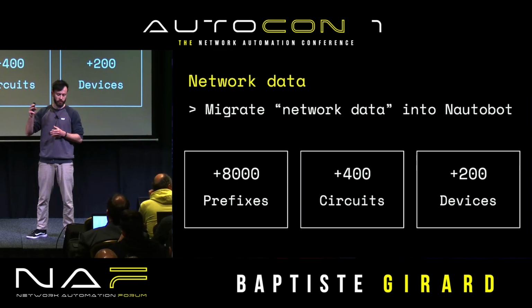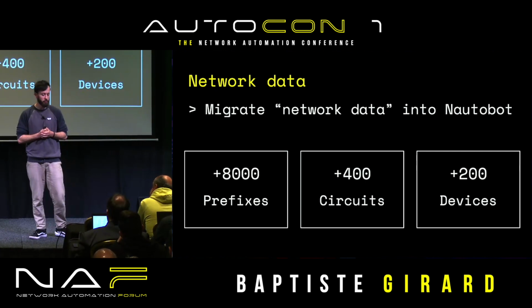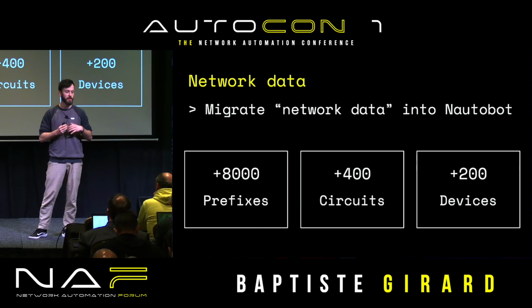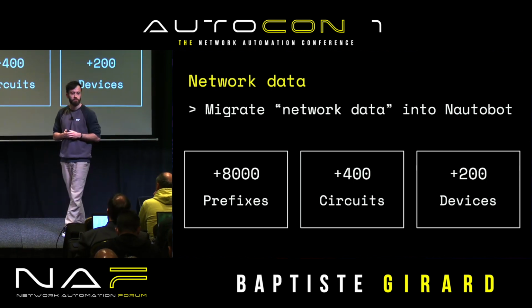And so our mission was to get this data there. To get there, we basically defined a strategy of creating a pipeline, getting all this data from these different places, and just throwing it into Nautobot. We just see what sticks, and we fix what doesn't stick directly in the source system.